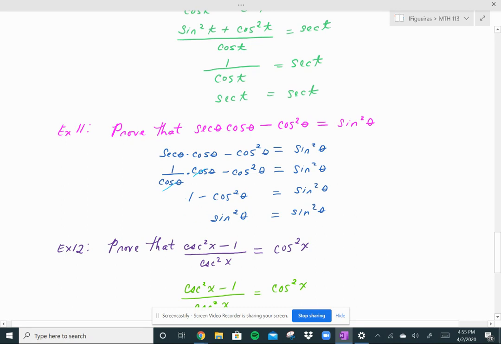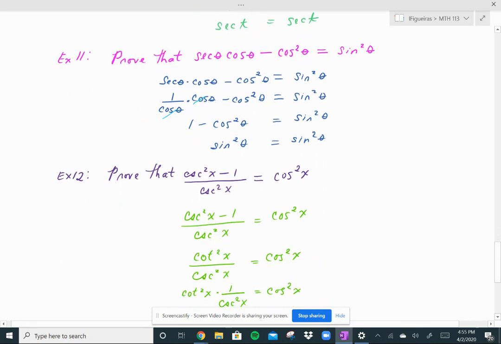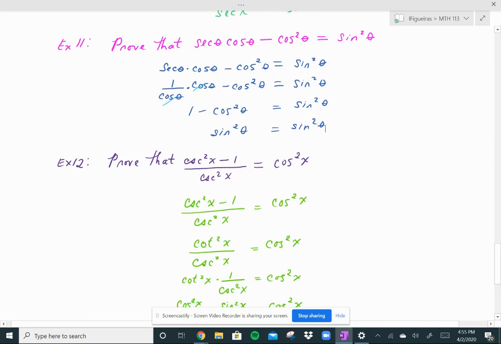Okay, here's another one. We want to prove that the cosine squared of x minus 1 over cosecant squared of x equals cosine squared of x. So this is cosecant squared. I might have said cosine earlier. All right, so this time I'm going to be using the third Pythagorean identity, which said that 1 plus cotangent squared of x equals cosecant squared of x.